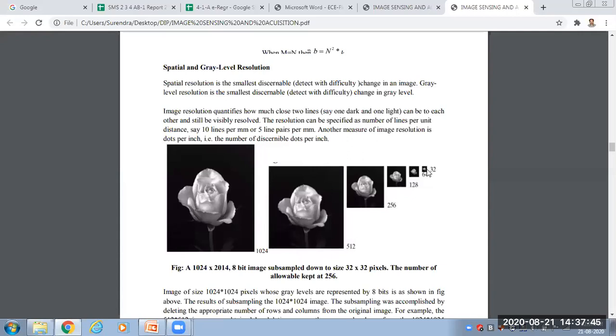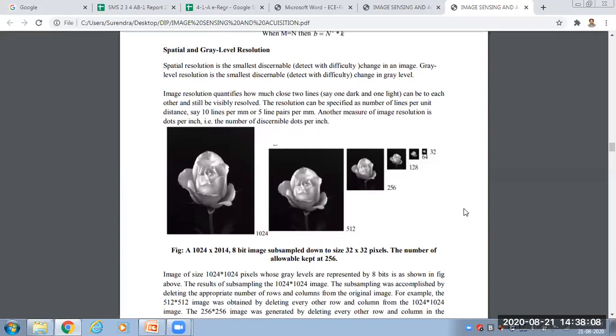The first one is very low resolution, and the next is better, further is better, and the last one, if you take 1024 by 1024, you will get better resolution.